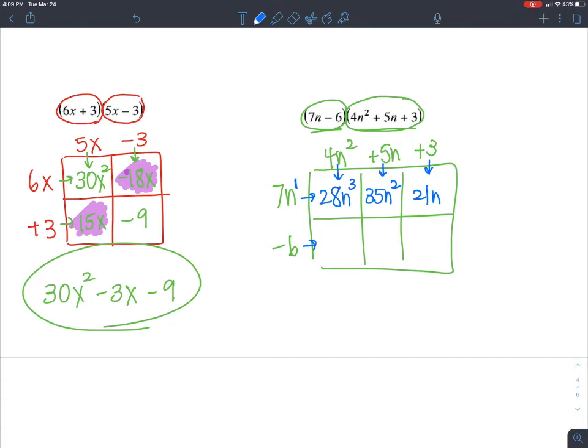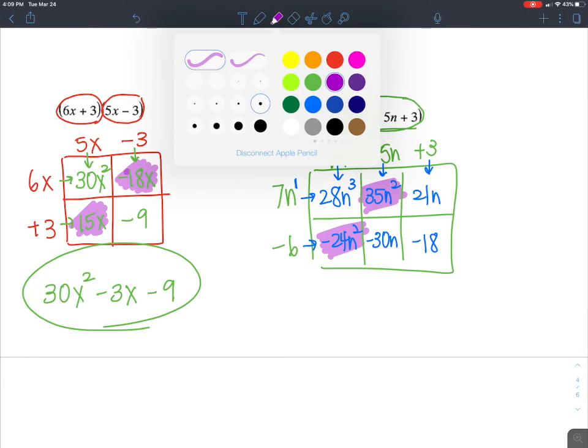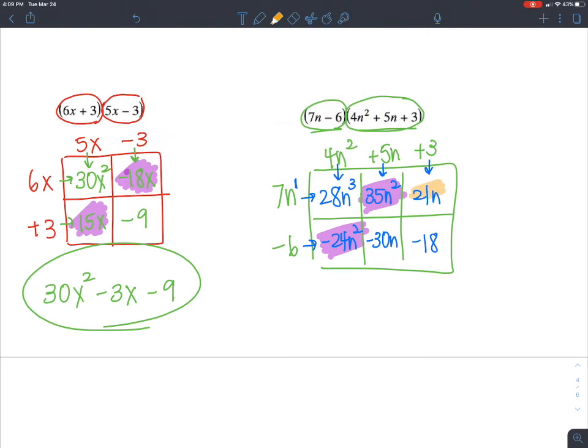Now 4n squared times negative 6, negative 24n squared. Negative 6 times 5n is negative 30n, and negative 6 times 3 is negative 18. Now this time we have 2 sets of like terms. We have 35n squared and negative 24n squared, along with 21n and negative 30n.